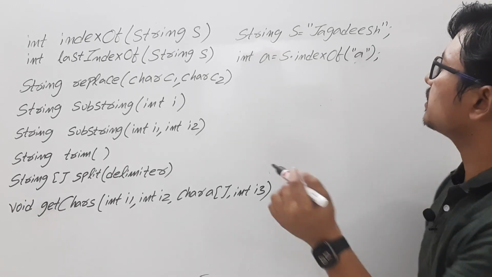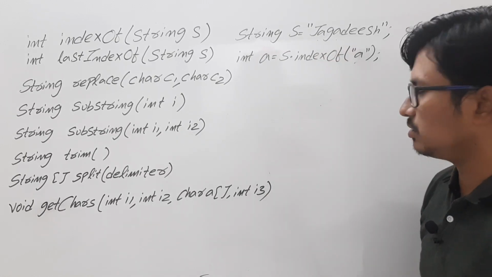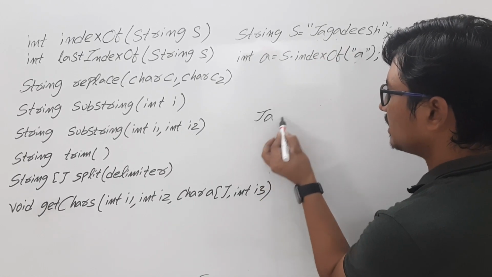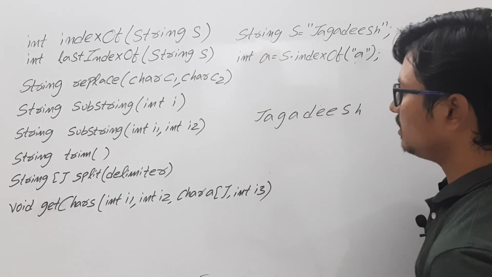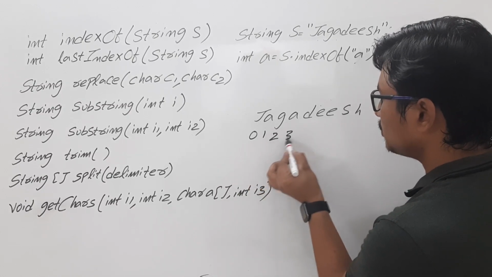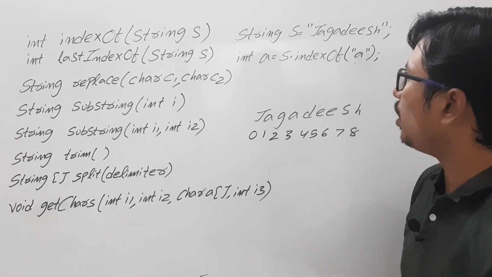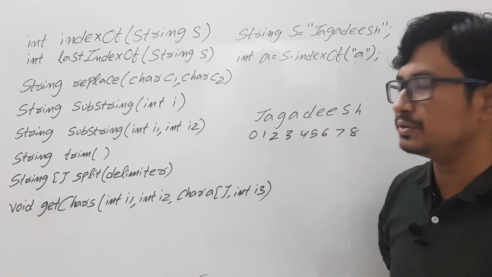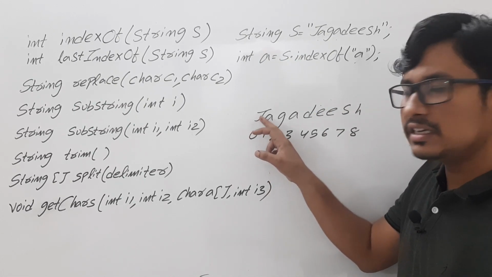Now look here, in Jagadish where a is there, a is here also. Now let me find the index of each character. In Jagadish, j is at index 0, a is at index 1, then 2, 3, 4, 5, 6, 7, 8. What indexOf will give you is where a is there: j is here, a is here.